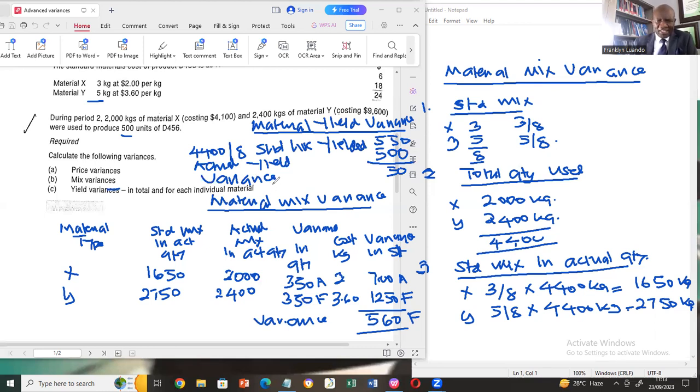Multiply by the standard cost per unit. Standard cost per unit is 24. The adverse is 1,200. That is the adverse.